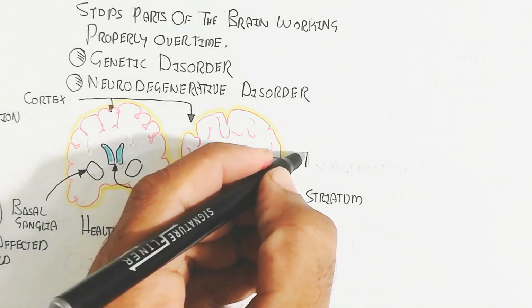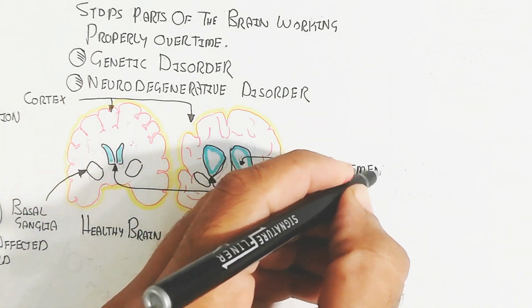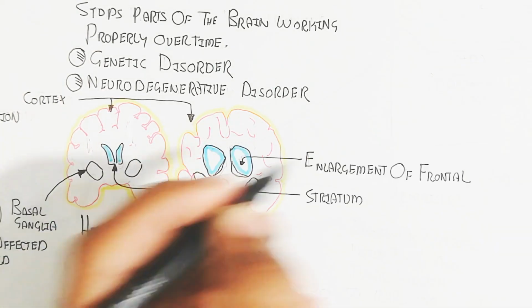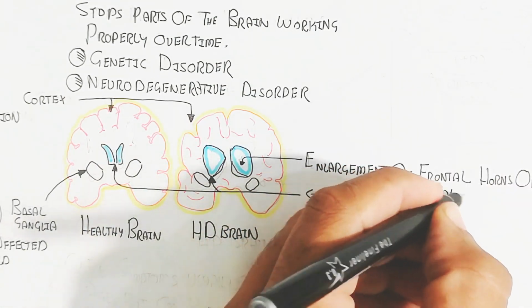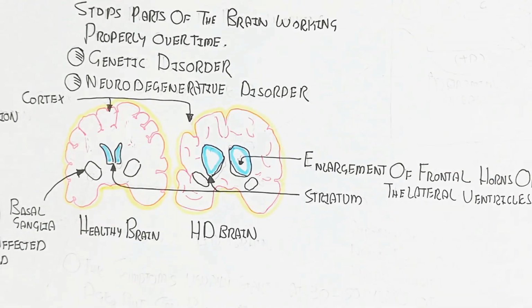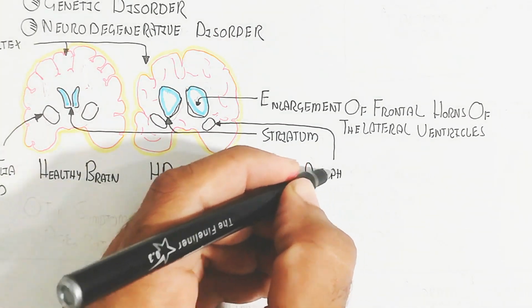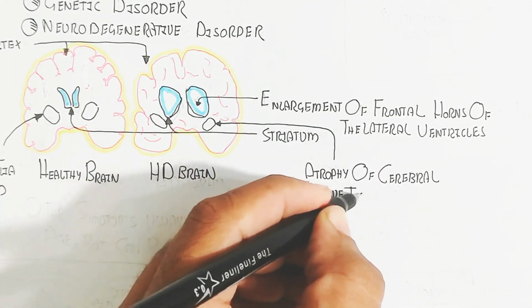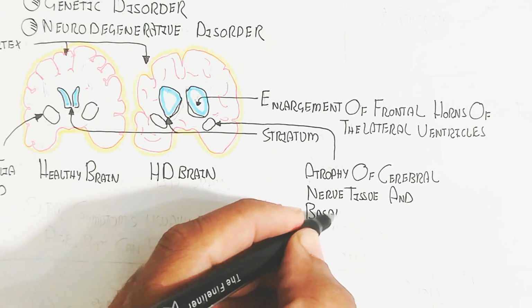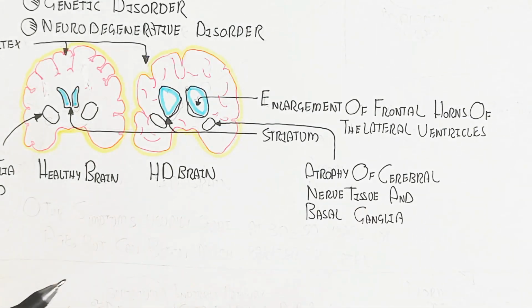The striatum is also affected, along with atrophy of cerebral nerve tissue and basal ganglia. Atrophy means degeneration of nerve tissue and basal ganglia.